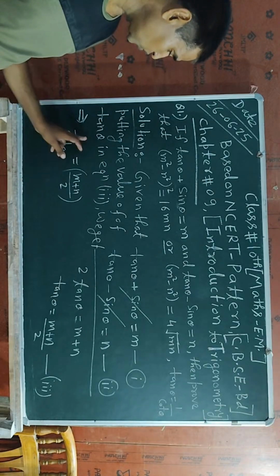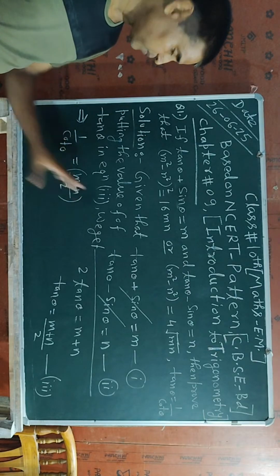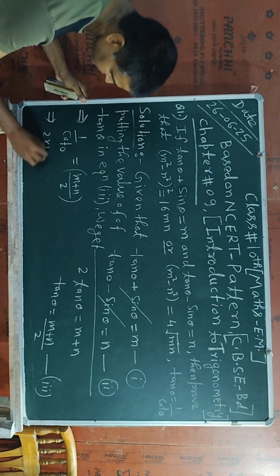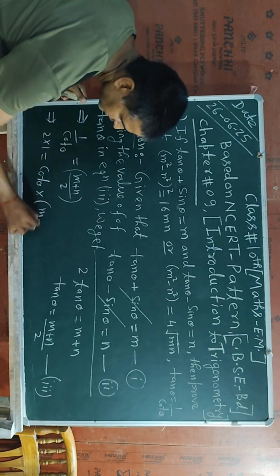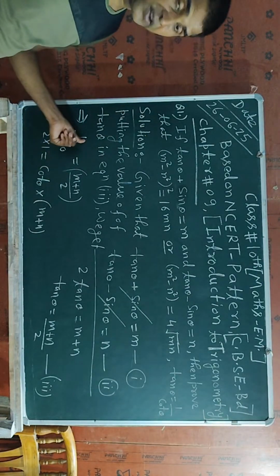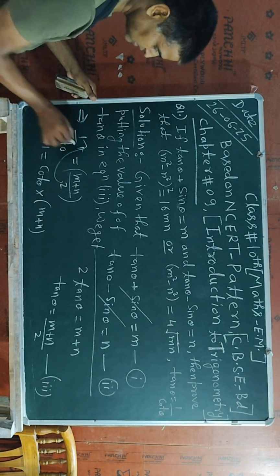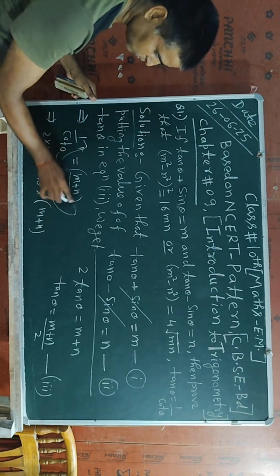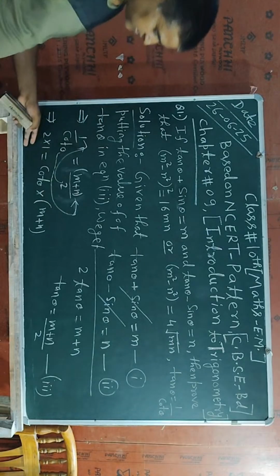Here I will do cross multiplication: 2 into 1 is equal to cos theta into m plus n. I have done the cross multiplication because this value I have multiplied with this term, and this value I have also multiplied with this term. After multiplication I have written the value.